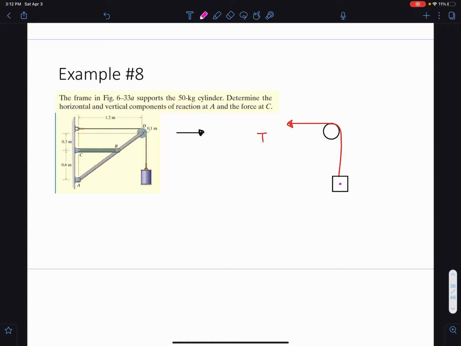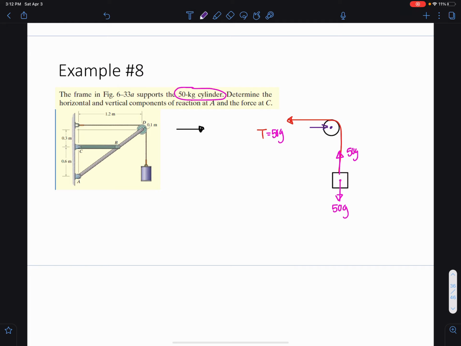That was given in the problem right here, 50 kilogram cylinder. And that would mean this is 50 G, the weight of that system, right? Well, that means if this is 50 G, this is 50 G. And if this is 50 G, then T is 50 G. So we know what T is. And then of course, if we're isolating the pulley, we also have the force of the pin.